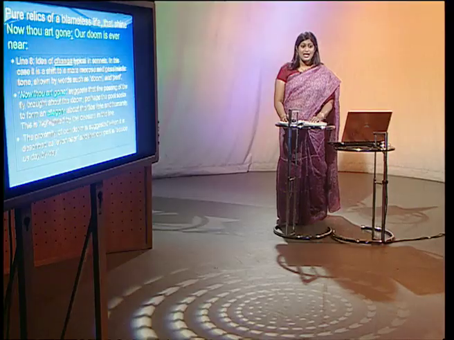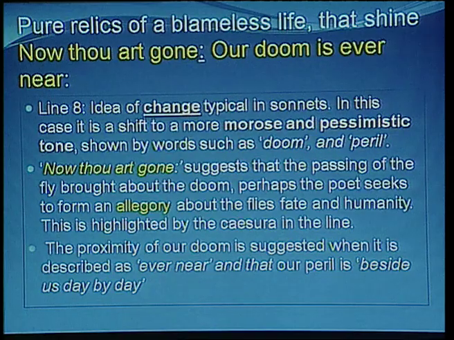Here the poet changes his mood, he changes his tone, he shifts towards something different. In this case, it is a shift to a more morose and pessimistic tone, shown by words such as doom and peril. Now thou art gone.